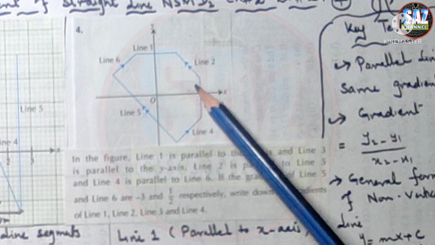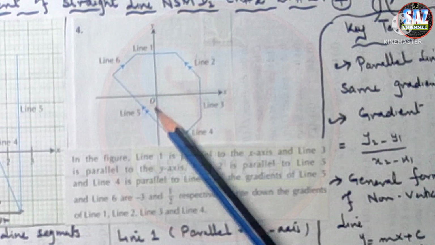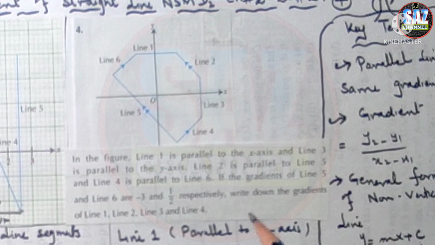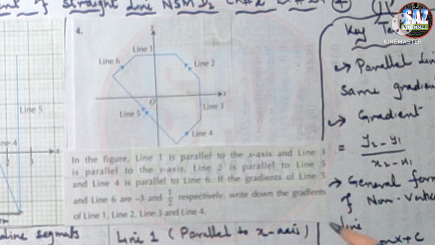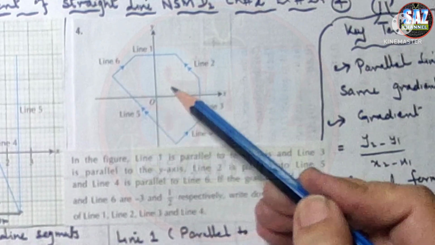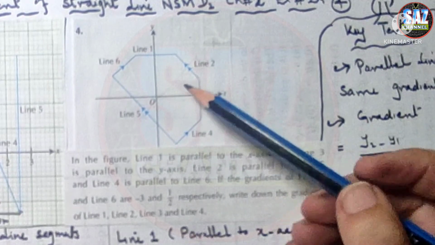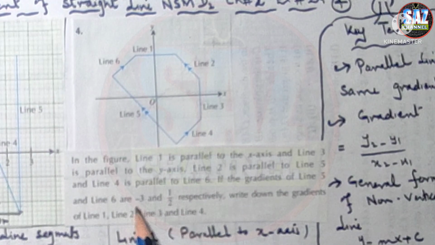Line 3 is parallel to y-axis, it's a vertical line, and all vertical lines have undefined gradient. Lines 5 and 2 are parallel, and the gradient of line 5 is minus 3, so the gradient of line 2 will also be minus 3.